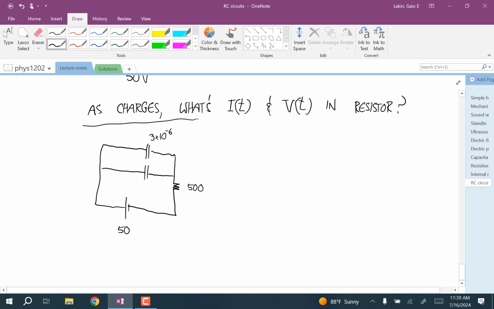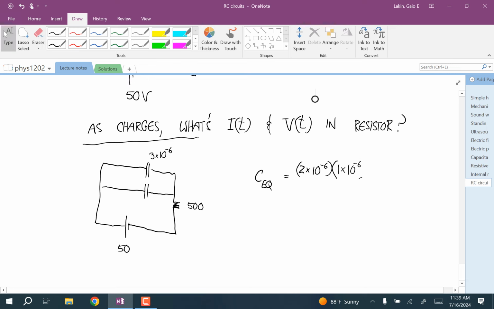This equivalent capacitor on the lower wire is, we're going to use the formula 2 times 10 to the minus 6 times 1 times 10 to the minus 6, divided by the sum of these two.